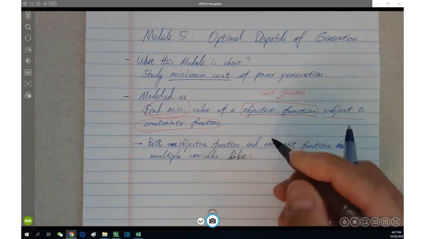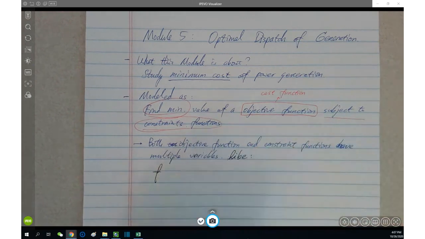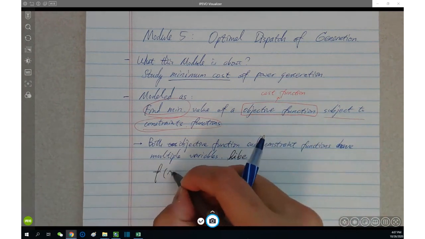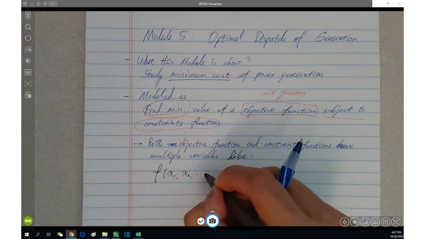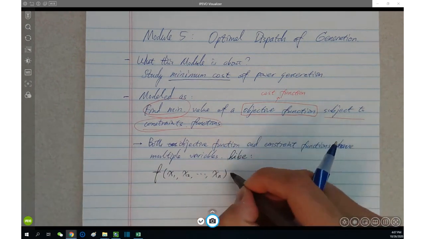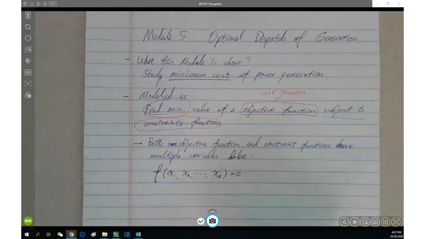Example, our objective function is defined as f of multiple variables. Let's say we have up to n variables. Obviously it cannot be equal to anything, right? You're looking for the minimum value of this function, so it cannot equal something. That doesn't make any sense. It's the objective function.